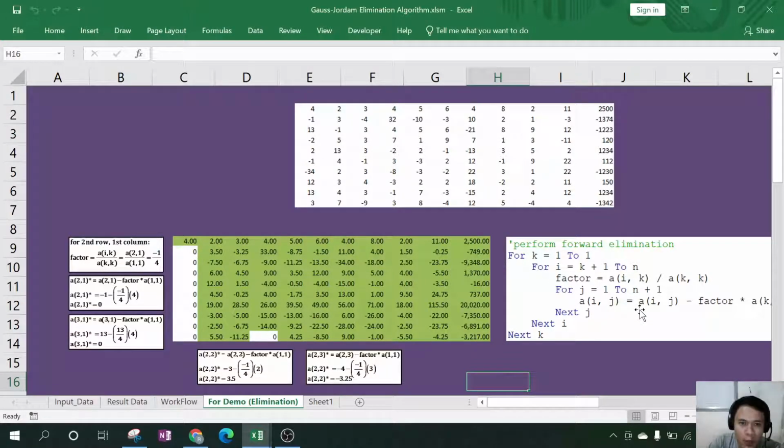Then we will eliminate, or make 0, all values on the first column from the second row up to the 10th row, but not including the first row.